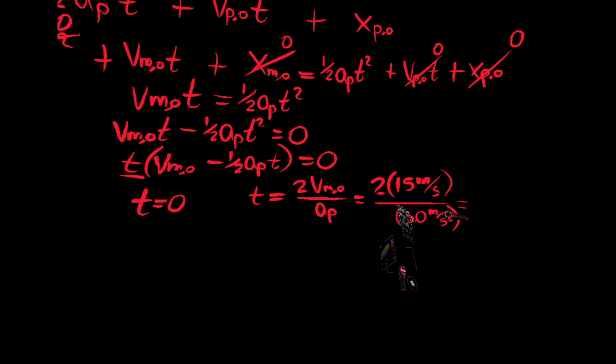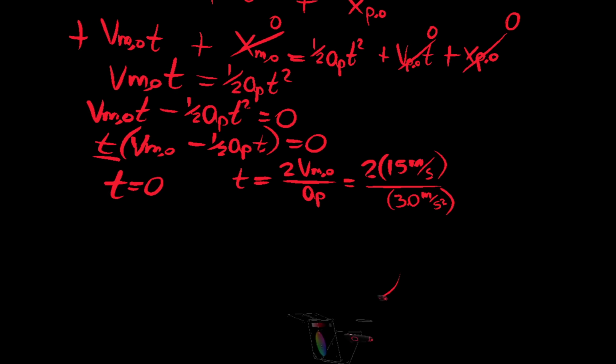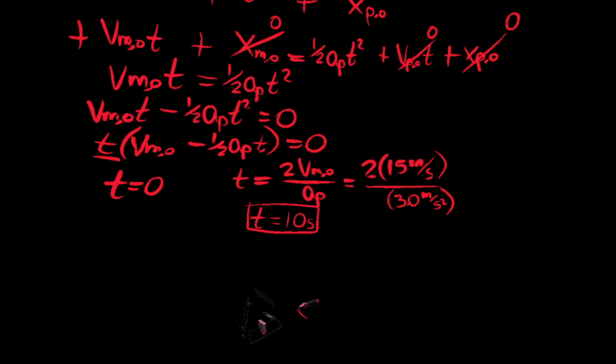And if you work that out, the other time that they're at the same position, when the policeman catches the car, you have t equaling 10 seconds. So that's the other true answer that they were looking for.